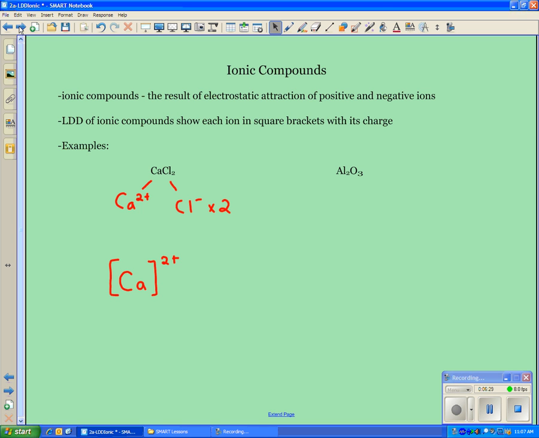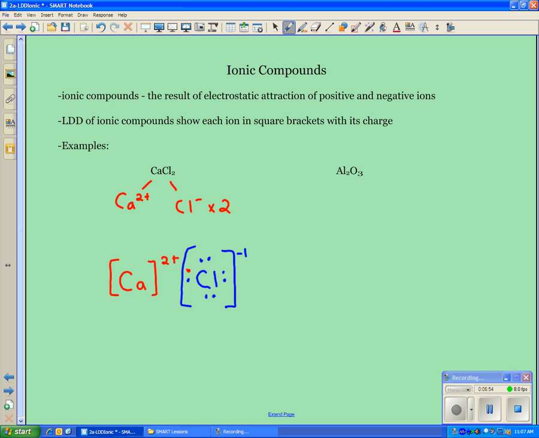Each of the chloride ions has a charge of -1. They've gained an electron. So not just the 7 that it had as an atom, but now 1 more electron that it has gained from somewhere else. And where it's gained from is the calcium.